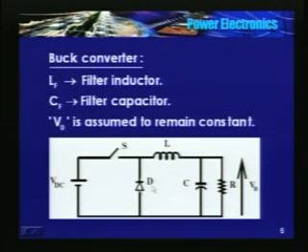When I open S, just prior to opening S, some current was flowing through L. Current has to be continuous, so current starts flowing through the diode. So this is the path it will take.